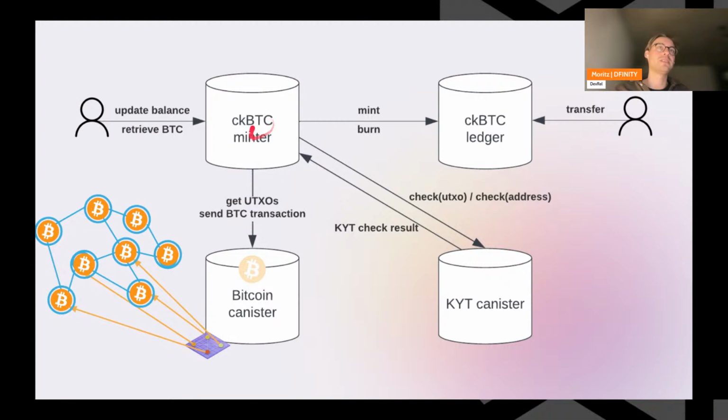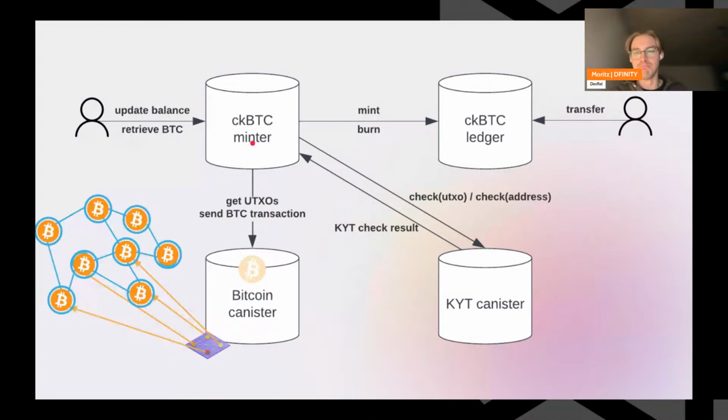So we have the ckBTC minter that I briefly mentioned. We have the ckBTC ledger. This is this ICRC1 or ERC20 equivalent smart contract or canister. And we have the Bitcoin canister. This is actually gone by now that I see this slide again, so I'm not going to touch upon it too much. But yeah, let's start with the ckBTC minter.